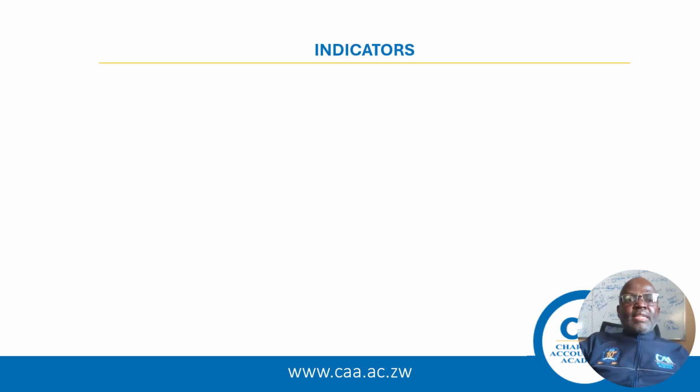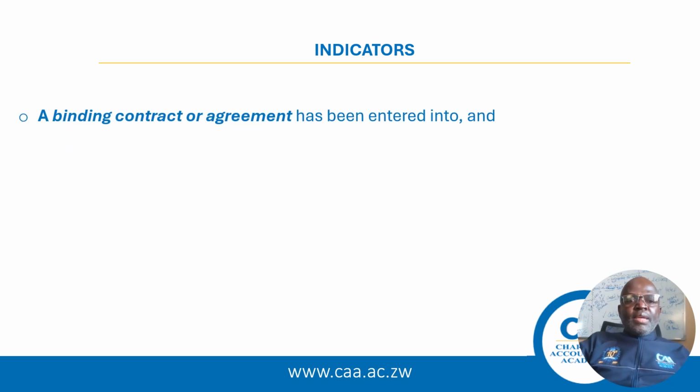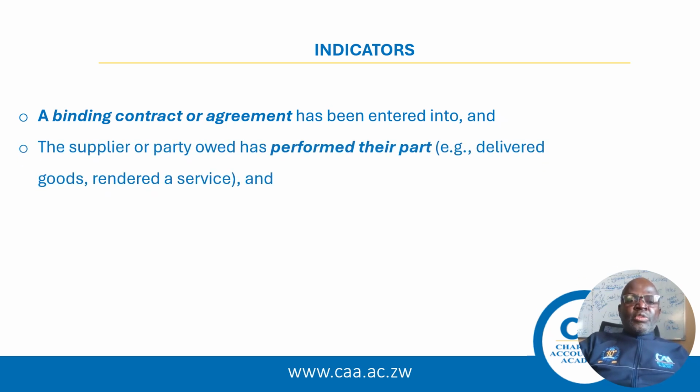So let us look at the indicators. The indicators of whether that inescapable obligation now exists are: there must be a binding contract or agreement that has been entered into. Remember, an agreement can be a written contract, or it can be verbal, but it must be binding. So your business law, your law of contract, comes into play.